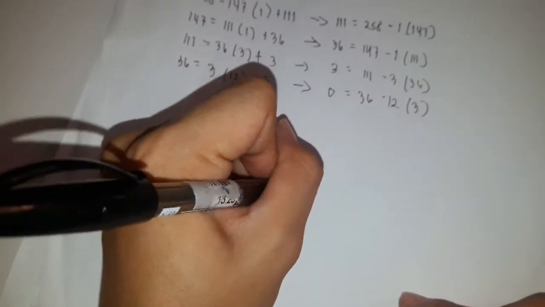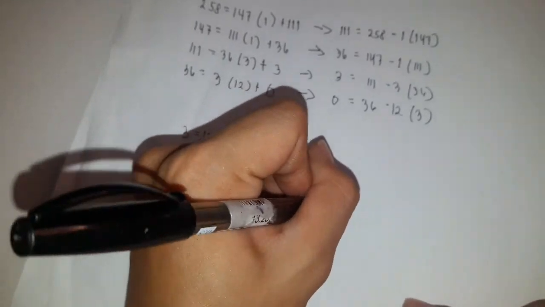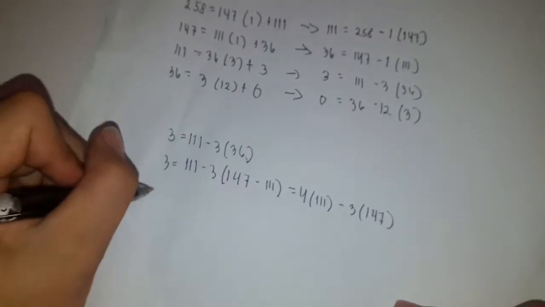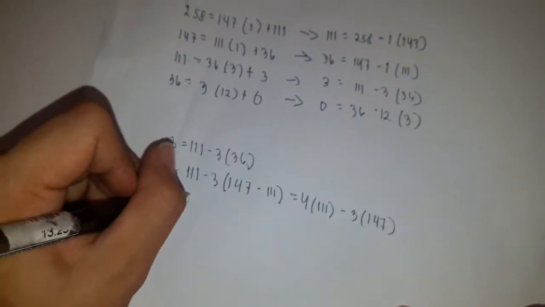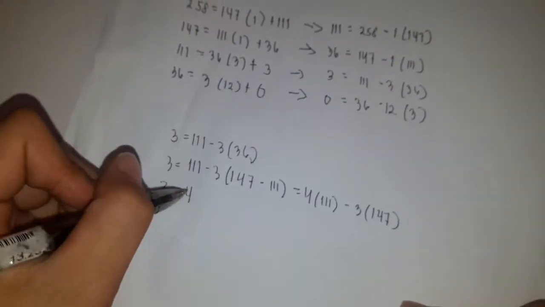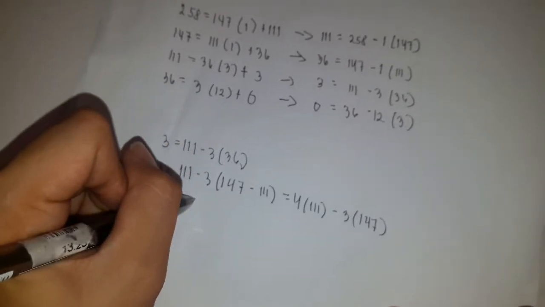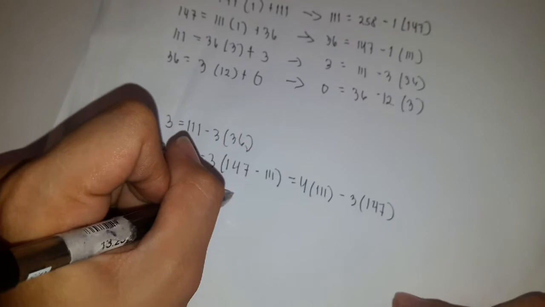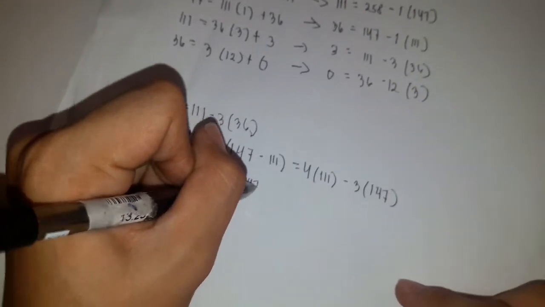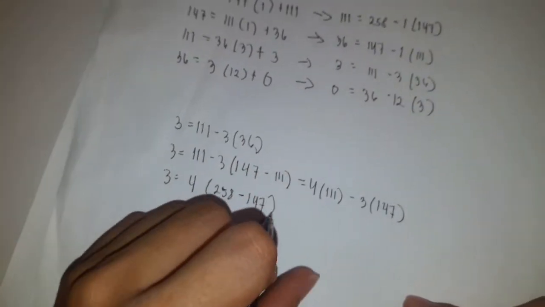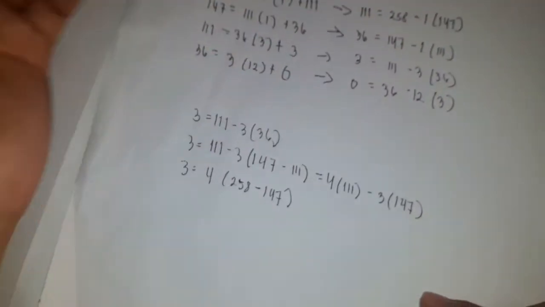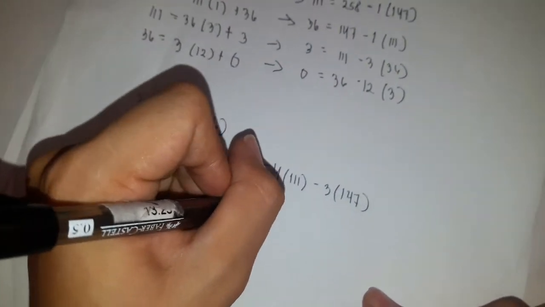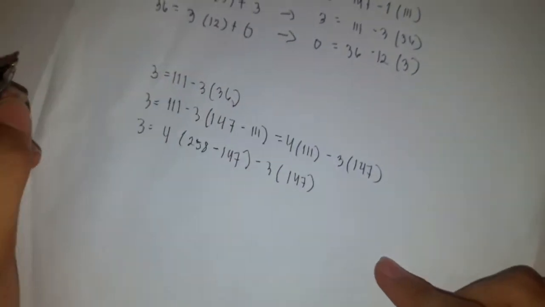So now I get the 3 times 258 minus 147, which we get from the first equation, and minus 3 times 147.